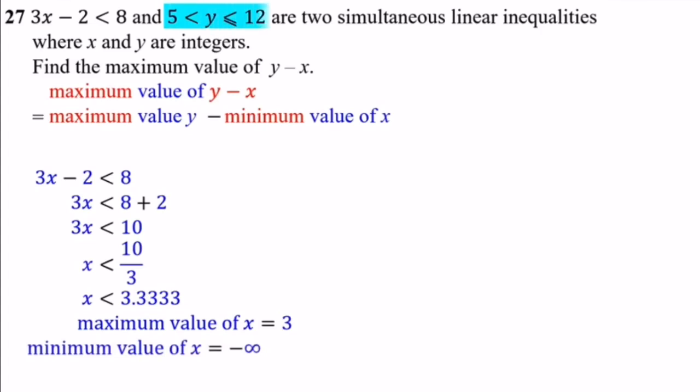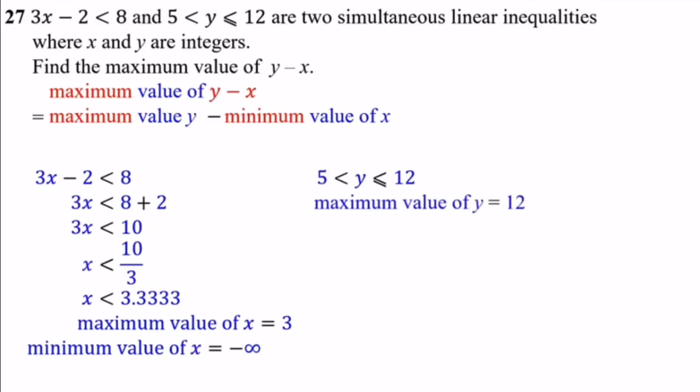Alright, now we want to list down the y. So y is more than 5 and less than or equal to 12. If you list down, your maximum should be 12 for y. You can list down 6, 7, 8, 9, 10, 11 to 12, but we just want to focus on the biggest value. So the biggest value should be 12, isn't it?